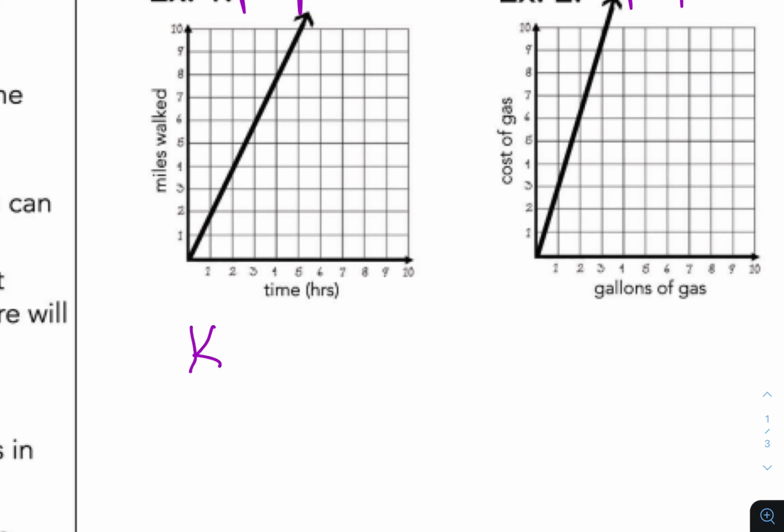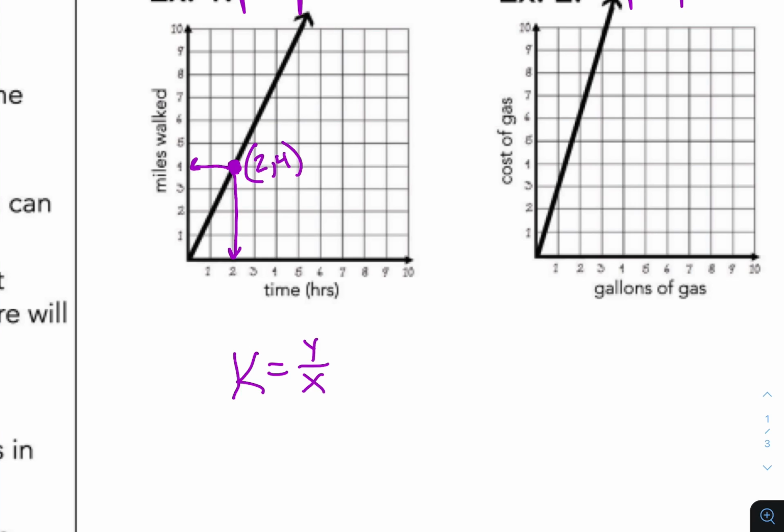First, we can use constant of proportionality equals y over x, and we can pick a random point on the line. Just make sure it's a good point. When I say it's a good point, that means you can tell exactly what the coordinates are. This would not be a good point because it would be like 3.2, 6.5, no way to tell what that actually is. A good point would be something like this one. You can tell exactly that this would be the point 2, 4.